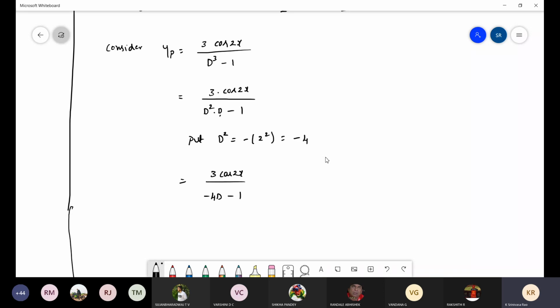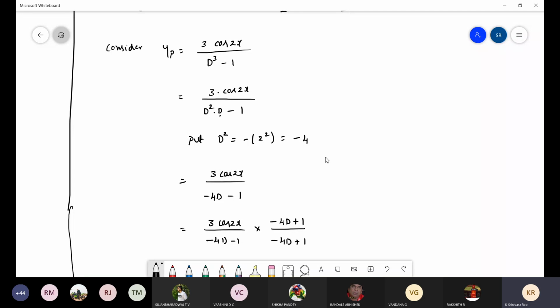Now I can't substitute. I have to go with the rationalization method. So this becomes 3 cos 2x by minus 4d minus 1 multiplied by minus 4d plus 1 divided by minus 4d plus 1.